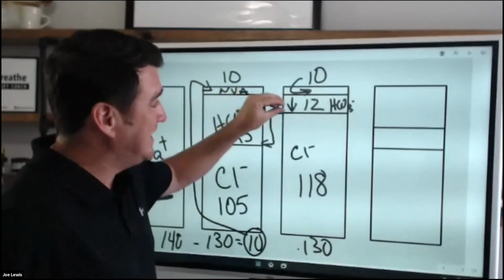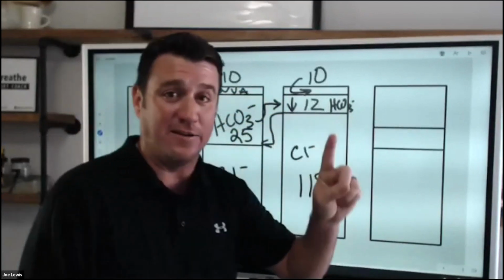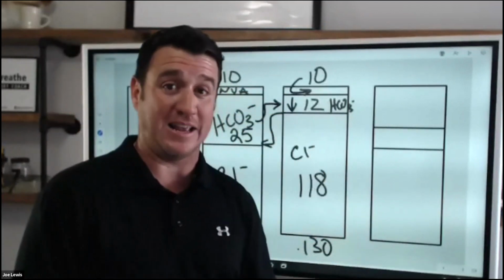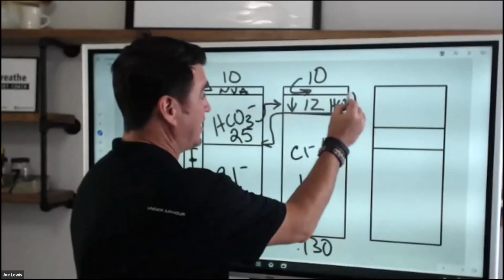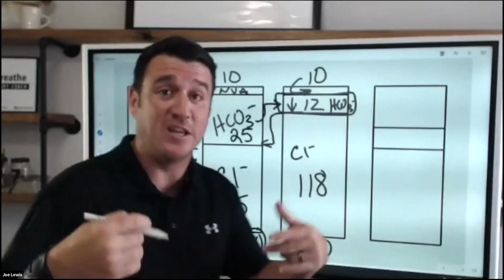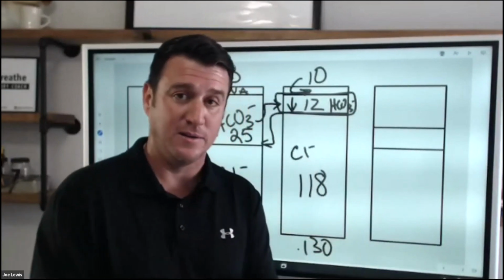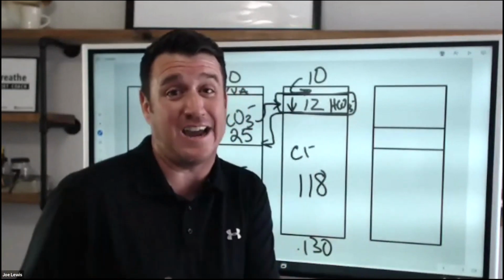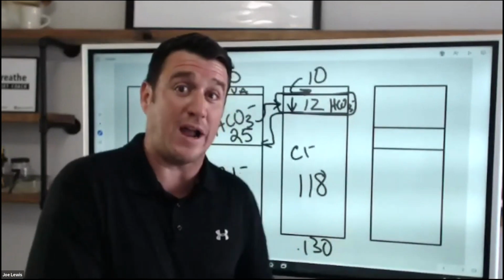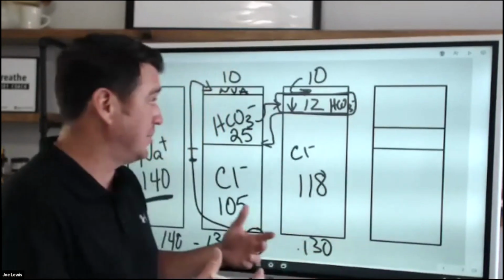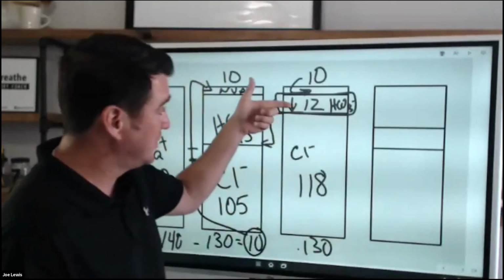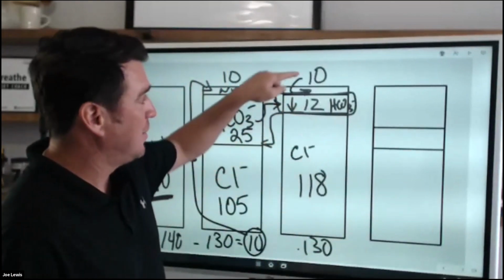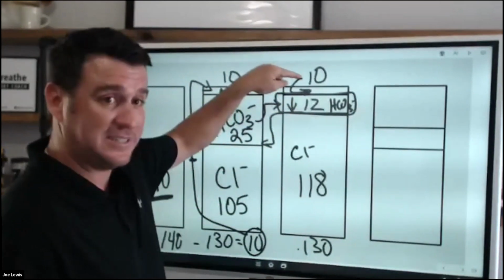But the thing is that it's not an elevated anion gap metabolic acidosis. This person has actually lost their bicarb supply. It has been depleted from the body. This would be associated with things like diarrhea, prolonged intractable diarrhea. The bicarb gets depleted, exits the body. There is no supply. Chloride rises, but our anion gap stays the same at 10.